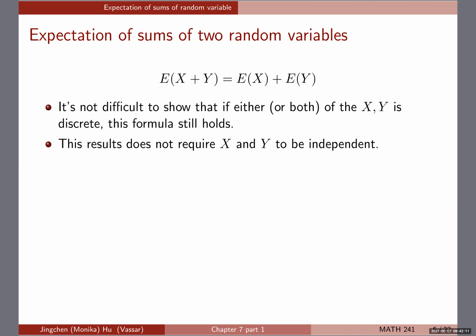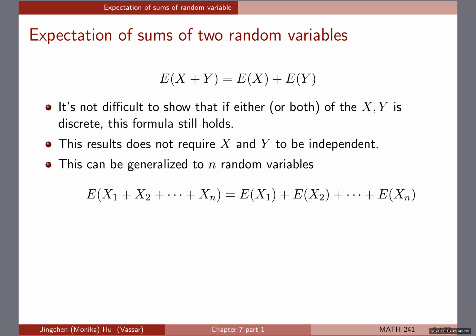Moreover, it can be generalized to n random variables. Here I'm writing x1, x2 through xn. The expectation of the sum of them is the sum of the expectations of each of them individually. That's a really important general result, and we should be able to use it in many cases. But I also want to bring your attention to another function of x and y, which is the product.